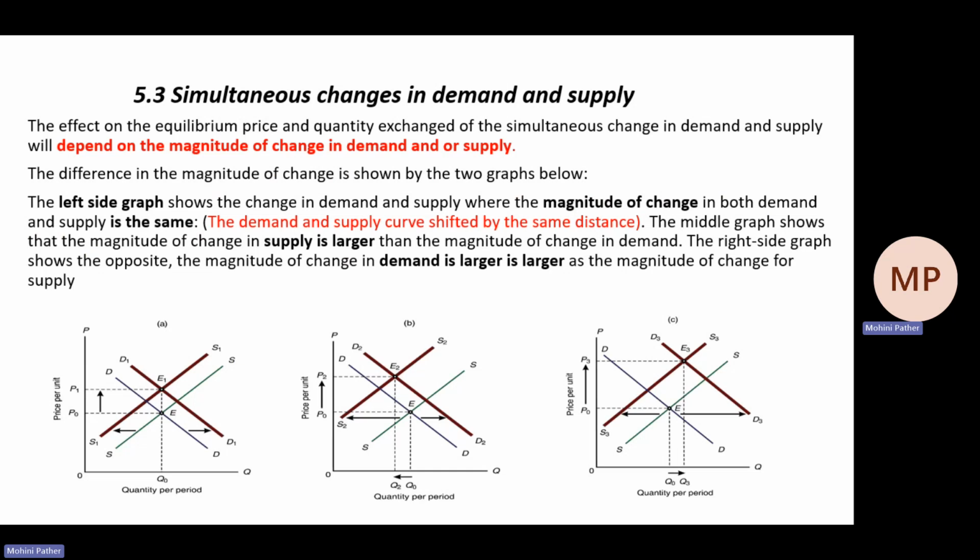Now, where we have this simultaneous change, again, we have explained that it is dependent on the change in demand and supply and the magnitudes, most importantly. Okay, so the left-hand side graph shows the demand and the supply where the magnitude of change in both is the same. Okay, so you can see there's perfect alignment there.